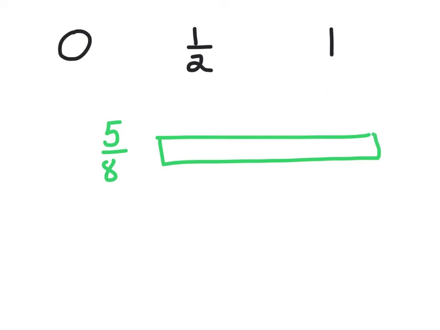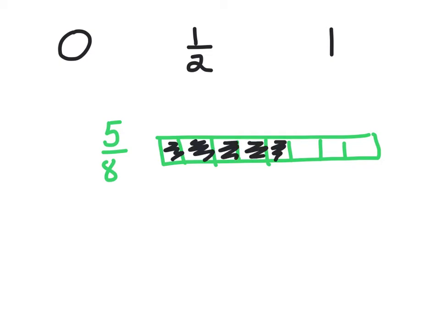One way we can do that is by drawing out a picture. Say for example, we have the fraction 5/8. I could draw out a model and then color in 5 of those pieces.